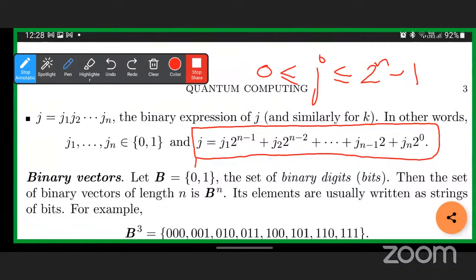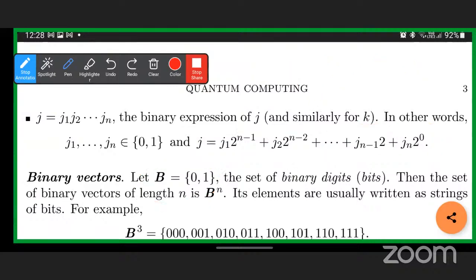Okay. So now what I do, binary vectors, they are simply zeros and ones. Now just take B raised to n. That means there will be n-tuples in this B raised to n.